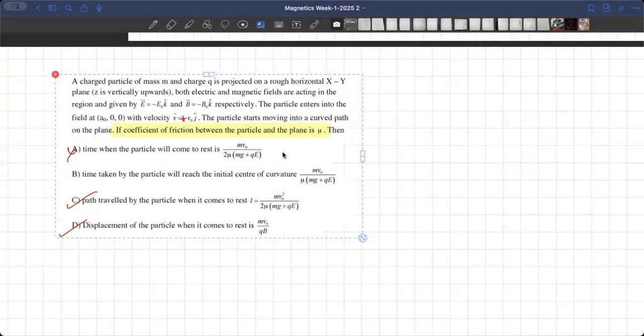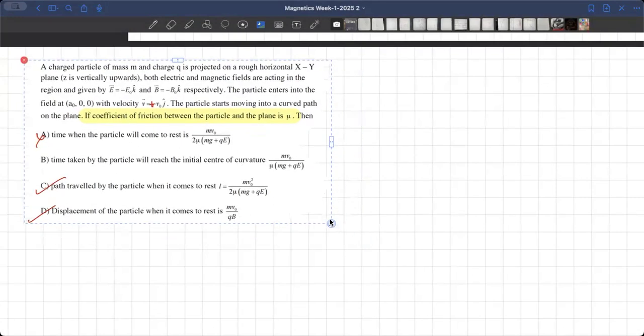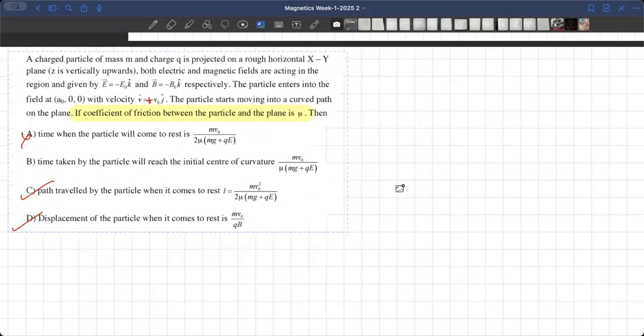Right. Now we have everything available here. Now please go through the question. A charged particle of mass m and charge q is projected on a rough horizontal xy plane. Z is vertically upwards.